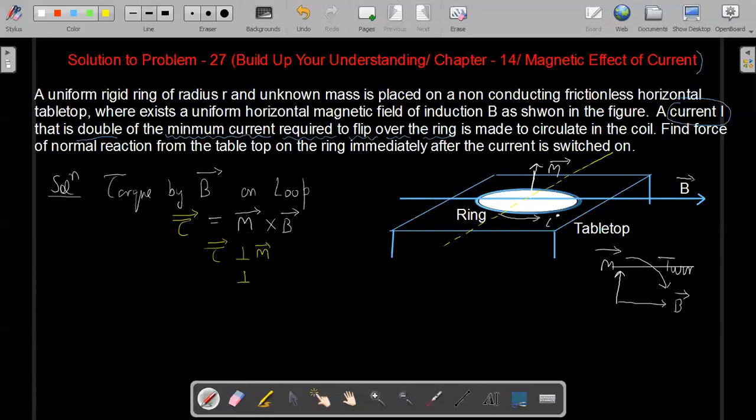It should also be perpendicular to the B vector. So this yellow line will represent the direction of torque vector on this loop. And this loop will turn about this torque vector in such a way that the magnetic moment gets aligned with magnetic field B vector.